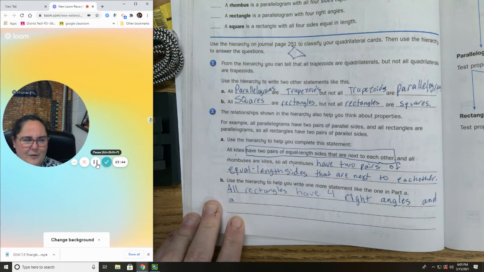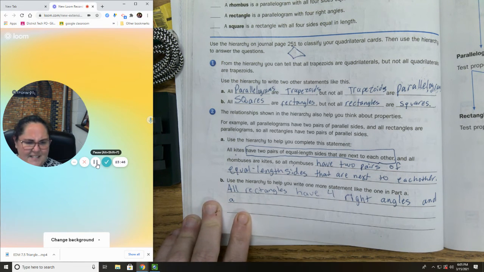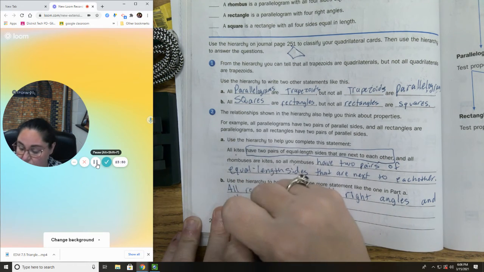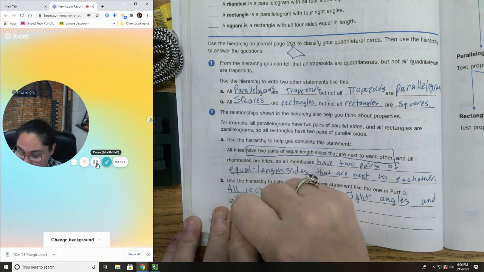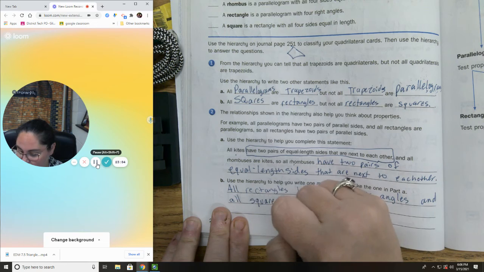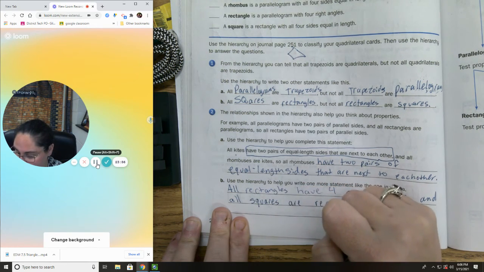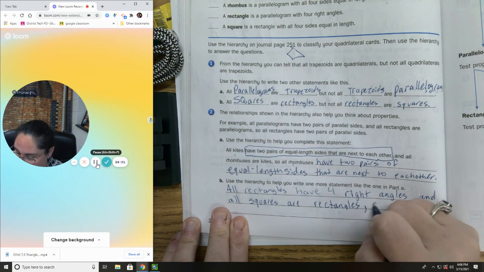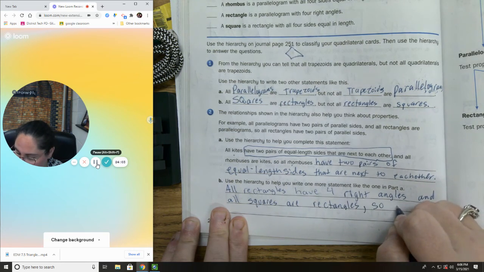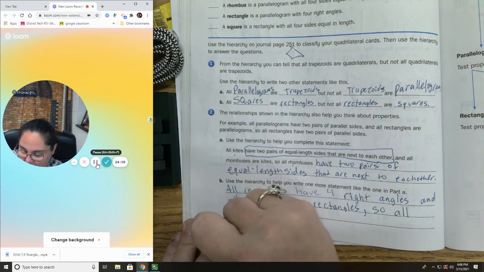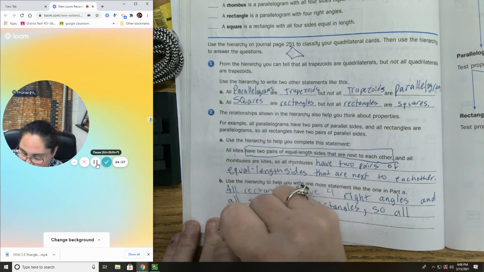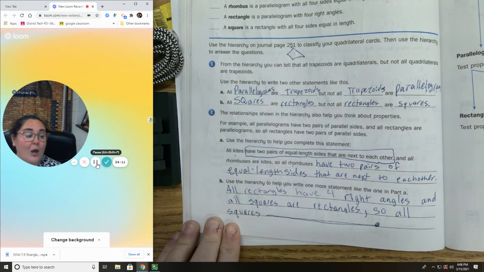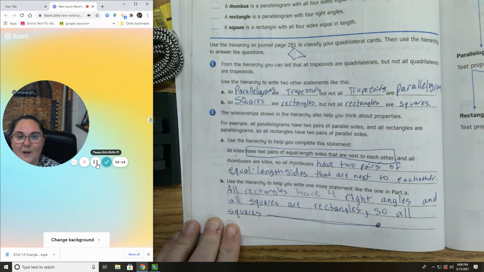Hold that thought. I want to rephrase how I do this. Let's do it this way. All rectangles have 4 right angles, and all squares are rectangles. So all squares, what goes in that blank? What must all squares have?